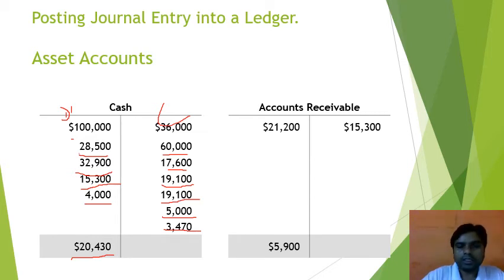Same if you talk about the accounts receivable, you can see that the first transaction is of 21,200. This is the transaction done on January 18, when we gave a service of 54,100, in which 21,200 was a receivable. The total cost of the service was 54,100, in which 32,900 we received through cash, which I already posted in the cash account, and 21,200 was on account receivable.